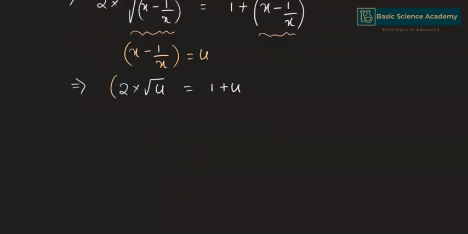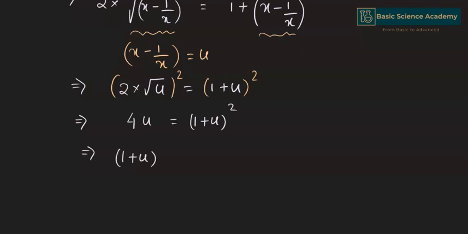Taking the square of both sides of the equation gives 2 squared is 4 multiplied by u equals 1 plus u whole square, which you can write as 1 plus u whole square minus 4u equals 0.